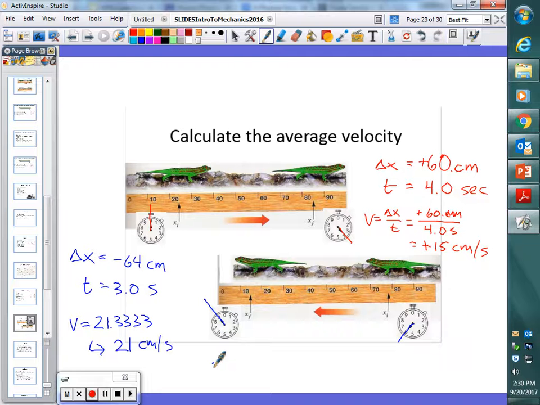But is it 21 centimeters per second? Okay. If the displacement was negative, the velocity is negative as well. Okay? Good there? What does that tell you about velocity? What do we call those things that can go both ways? Well, that is the direction. What do we call quantities that depend on which direction they go? Vector quantities, right?